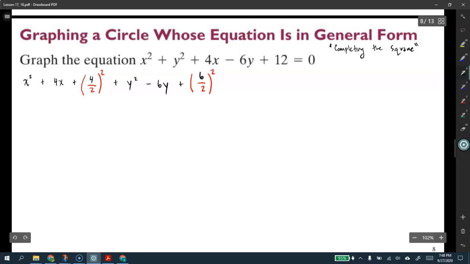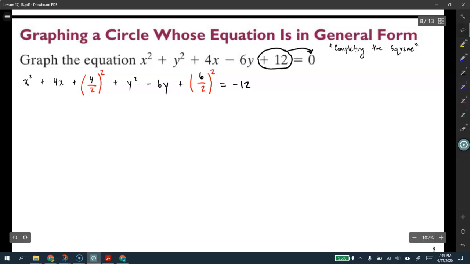Now, while we're doing this, the next thing we're going to do is bring this 12 over to the right side so that it becomes -12, like that. In completing the square, the logic is whatever you place on one side, you have to place on the other.